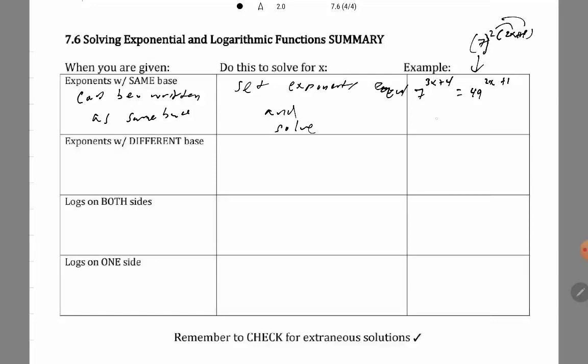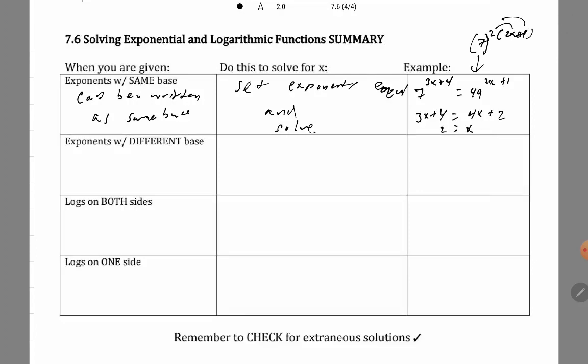So on the left, we'll have 3x plus 4 equals, so 2 times 2 is 4x plus 2. So what happened to the bases? They're the same base, so we can set the exponents equal to each other, and that'll work. And then this would be just a matter of x equals 2.